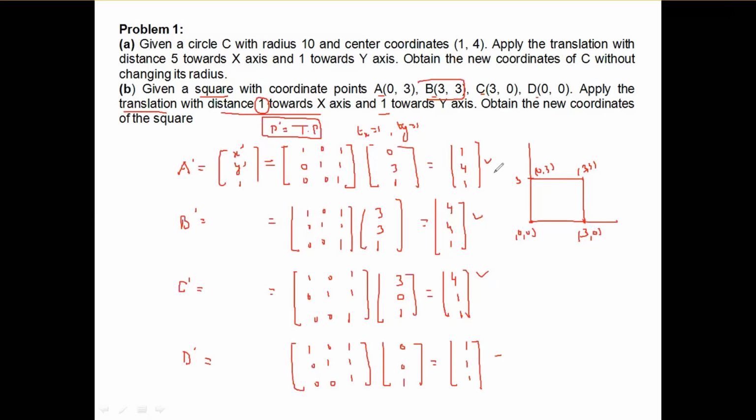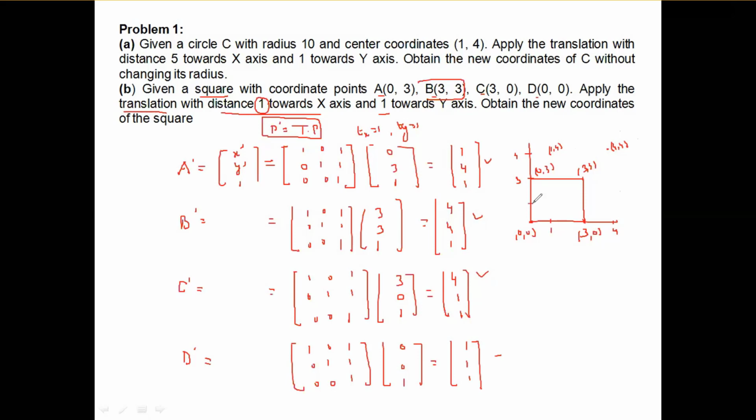So the new points are 1 4. Let's say this is 1 and this is 4. So 1 4 is the first point, and let's say this is 4, and this will be your 4 4. Then you have 4 1.